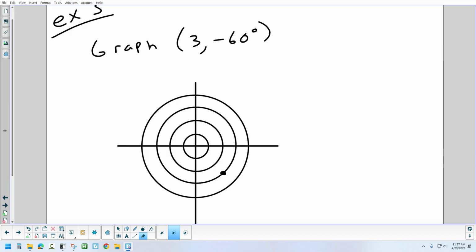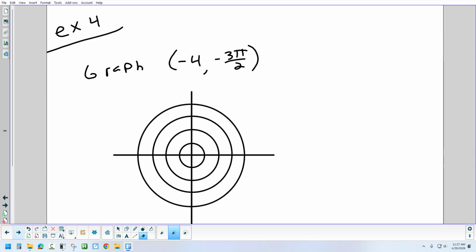All right. Let's try one this time. That's a negative radius and a negative angle, this time in radians. All right. Distance to the origin would be how much? Yep. 4. And we're going to go to the left. Okay, so let's start there. 4 left.